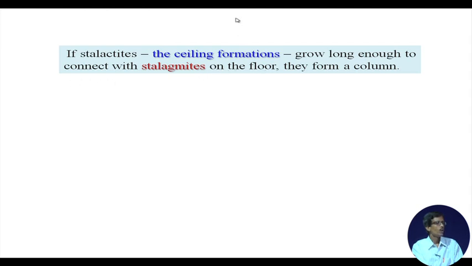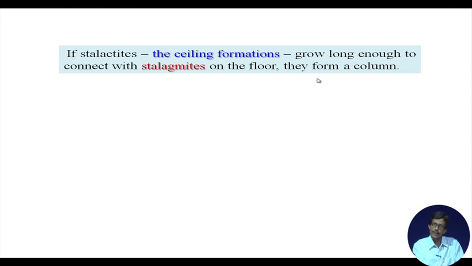So, if what forms from the ceiling and what gets deposited on the floor are connected, something sword-like comes from the ceiling and something gets deposited on the floor, and we get a column-like structure.